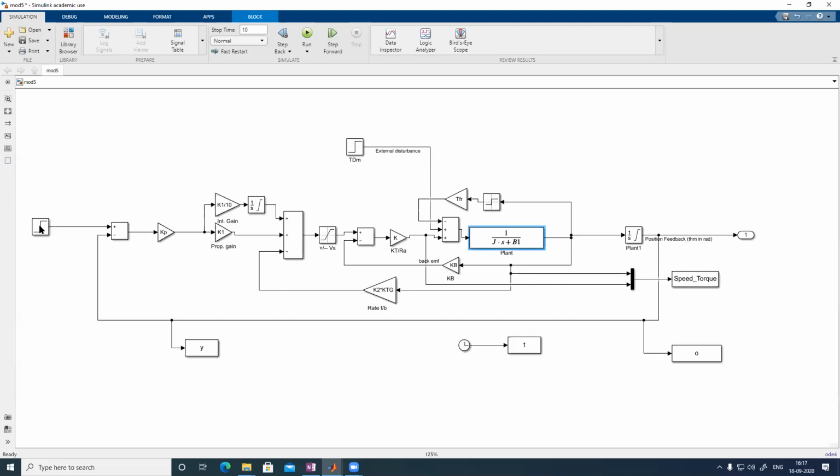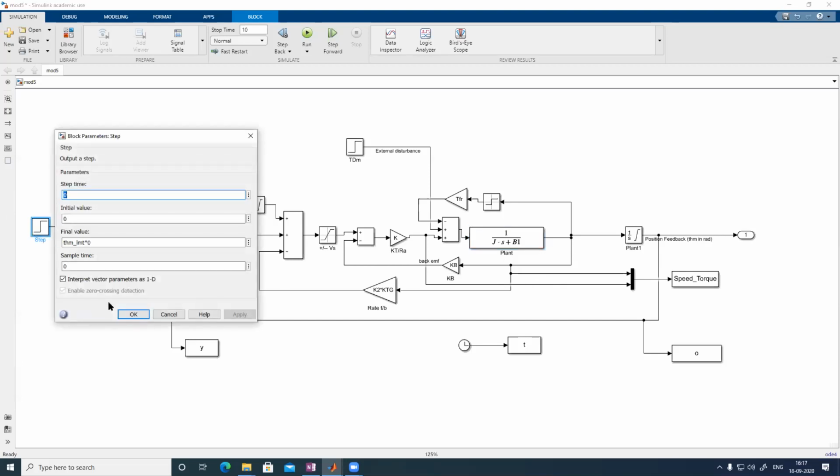Beyond this, you can give any values. If you give an input beyond the maximum value, check it: it will not go beyond this value. The feedback will limit it. Output will not move; it will hit at the limit only.